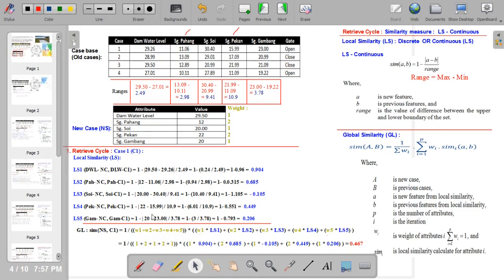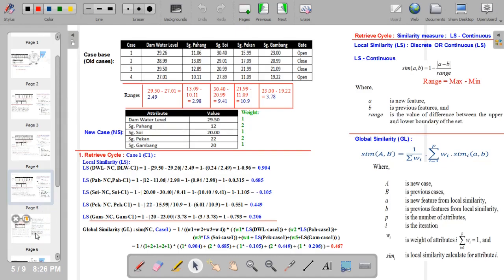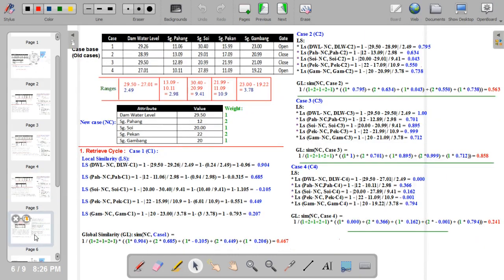So you can pause this video and do it for the new case with the second case, the new case with the third case, and the new case with the fourth case. So here is the result of calculating the local similarity and global similarity between the new case and case 2, case 3, and case 4.